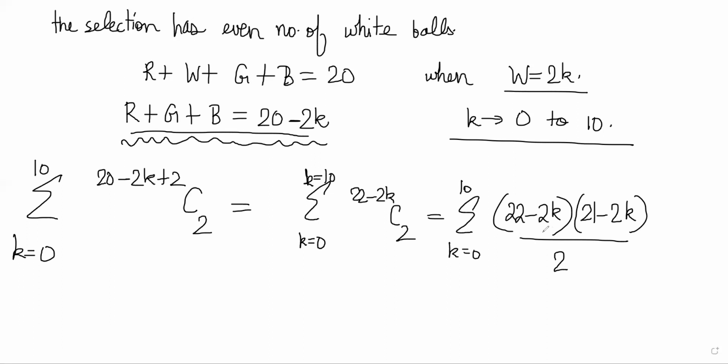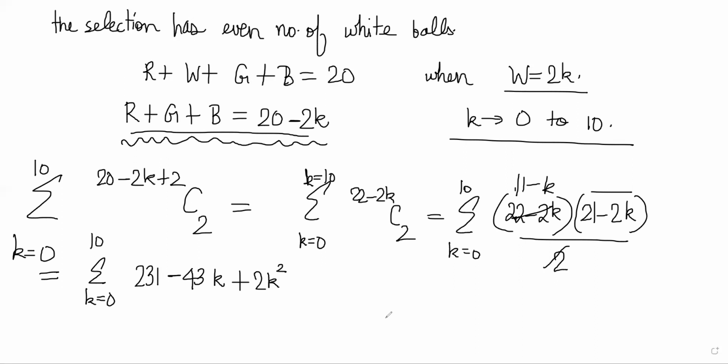So it will be 11 minus K multiplied by 21 minus 2K. This summation can be done because you can just multiply 21 into 11, 231, minus 21K and minus 22K. So you'll get minus 43K plus 2K square.